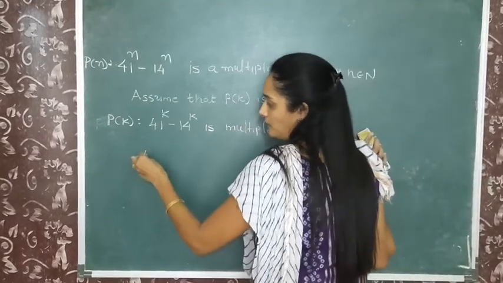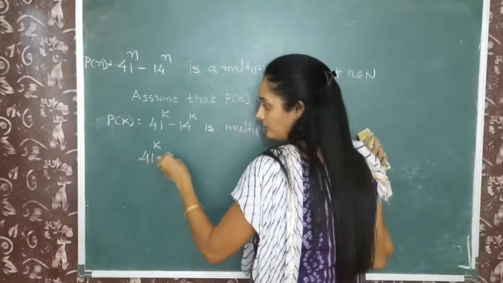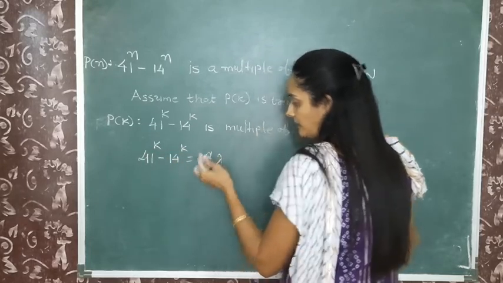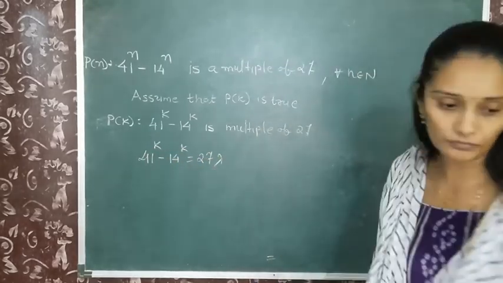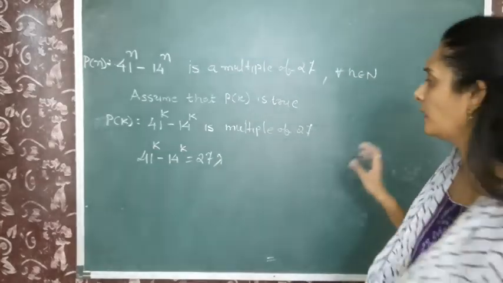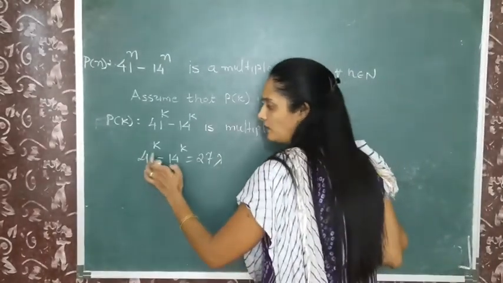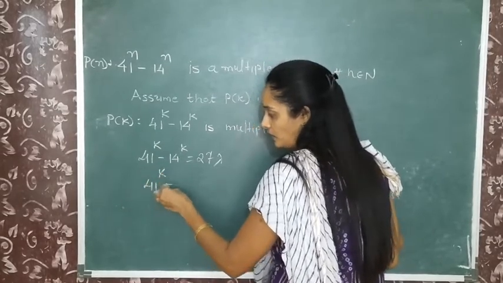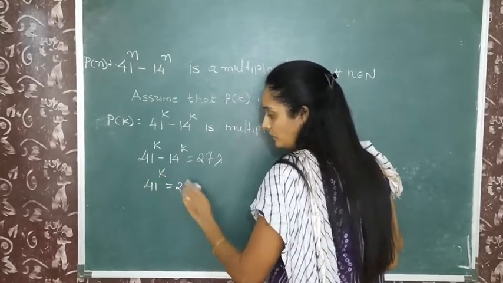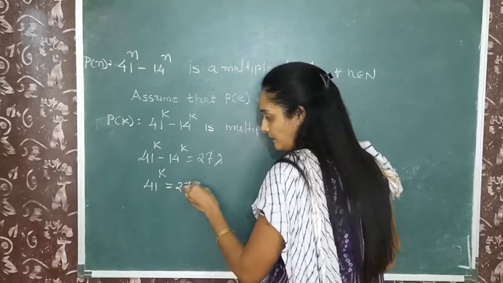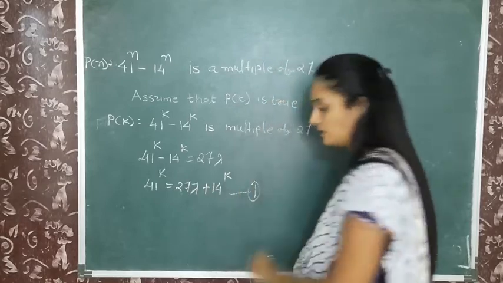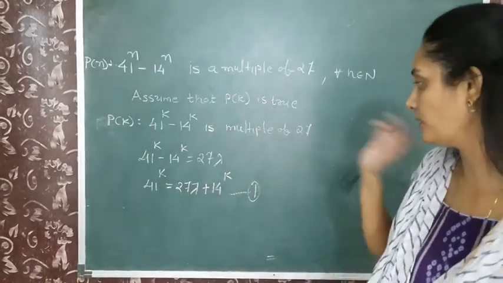Therefore we can write 41 raised to k minus 14 raised to k is equals to 27 lambda. Okay, now we have to make subject 41 raised to k, so we can write 41 raised to k is equals to 27 lambda plus 14 raised to k, and this is result number 1.